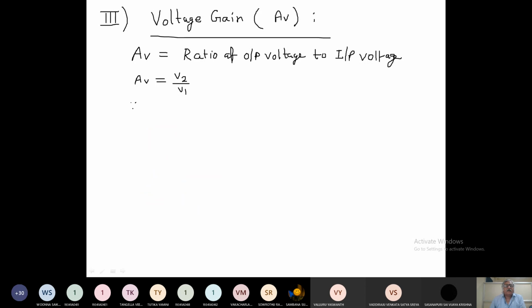Since V2 is equal to minus I2 RL, therefore the voltage gain expression AV will become minus I2 RL by V1, right?